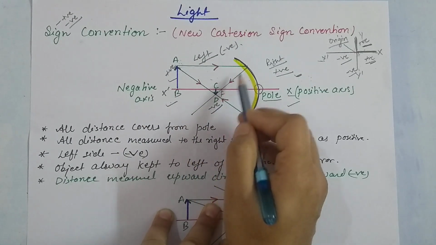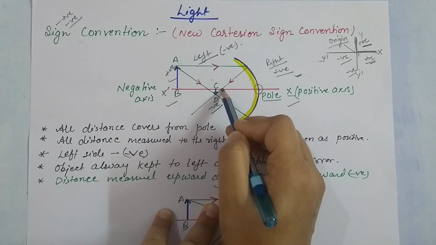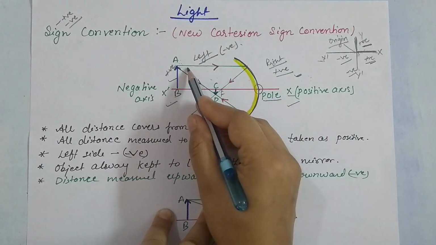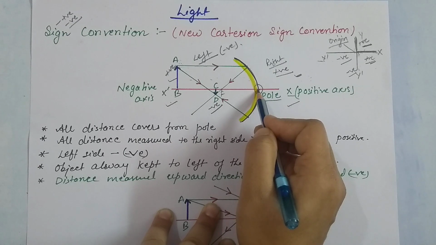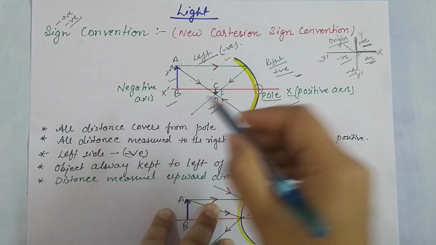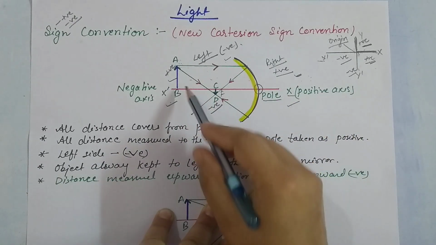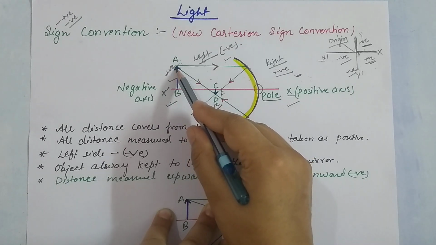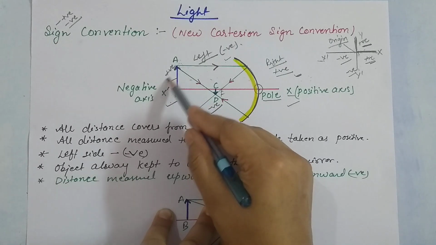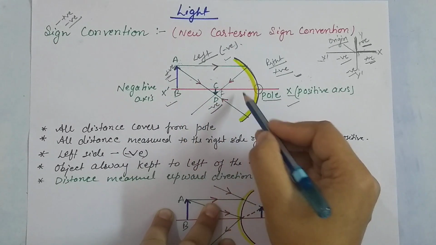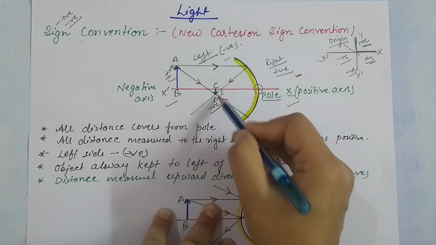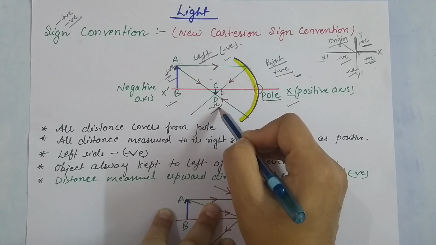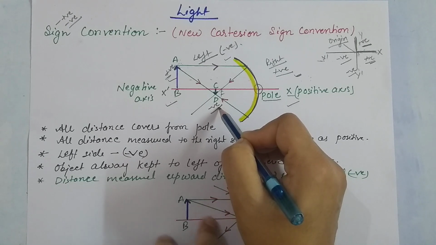The incident ray travels against the direction of the pole, so that is considered negative. Here the object is upward, so it is positive, and the image formed is downward of the origin, so it is negative.